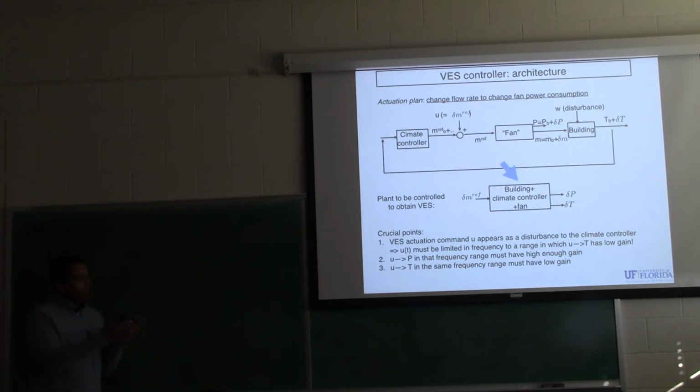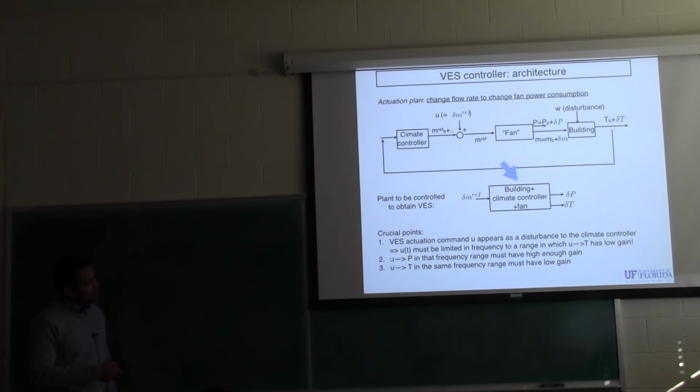So if you look at the transfer function, airflow rate to temperature, it's got a low gain in some frequency range. If you change that command U there, temperature variation is going to be negligible, so the climate controller is not going to do anything at all. Otherwise, this appears as a disturbance, just like the other disturbances to the climate controller. If the effect of this disturbance is measurable, the climate controller is going to pick that up and reject it, because that's what feedback loops are designed to do. Then what we are trying to do is going to fight with the climate controller, and it's just not going to work, right?